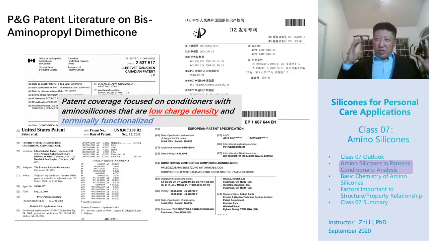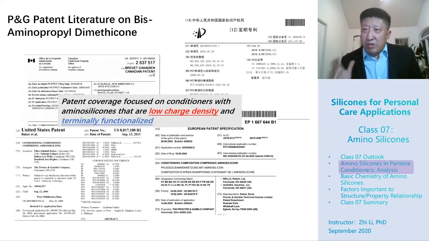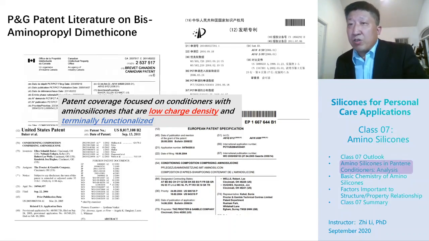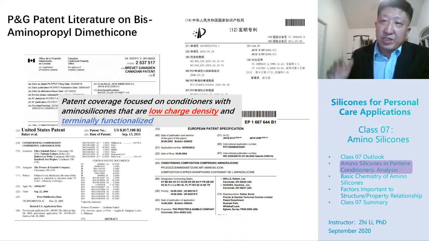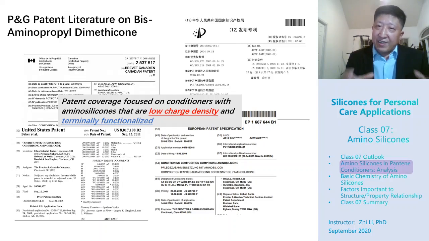Of course, if we want to understand, the question we're going to ask is: what are the factors, what has Pantene learned, what has P&G learned, what structure factors are important? We're going to look at their patents, because when they write a patent, when they try to cover something, they want to cover something they studied hard, what they learned from the hard studies.